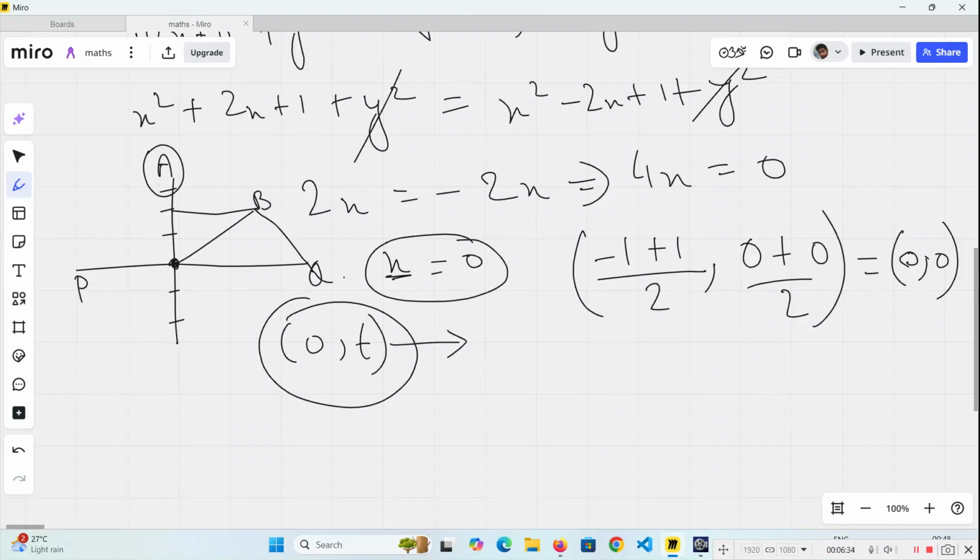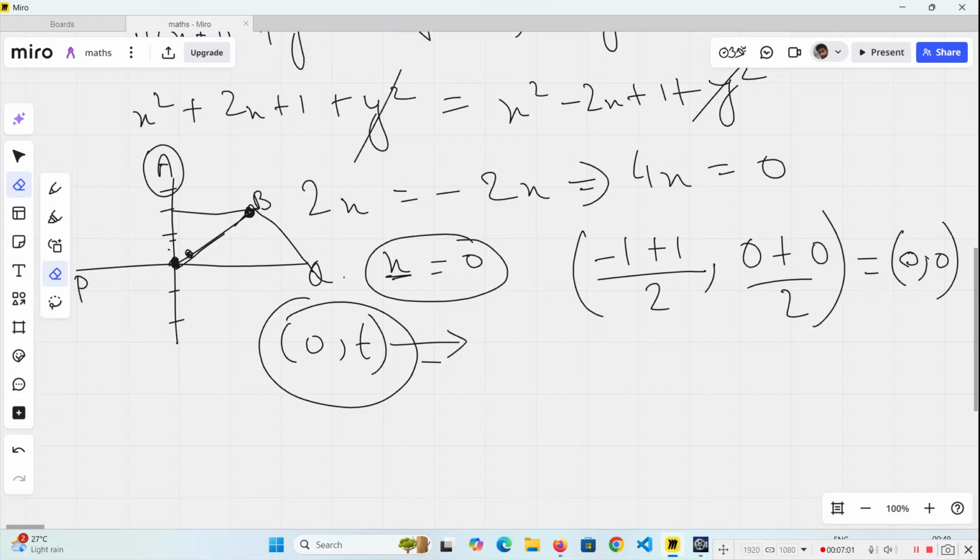The distance from a point x, y to the set A: what will be the shortest distance from A? If we go like this, we can see the shortest distance at any point is where it touches.